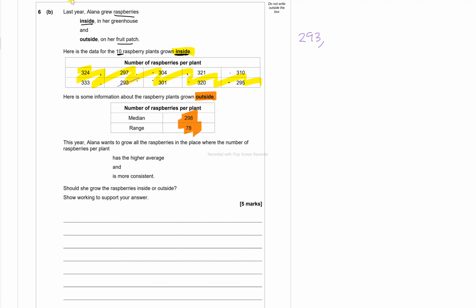So you'll have to do this: 293, 295, 297, 301, 304, 310, 320, 321, 324, and 333.